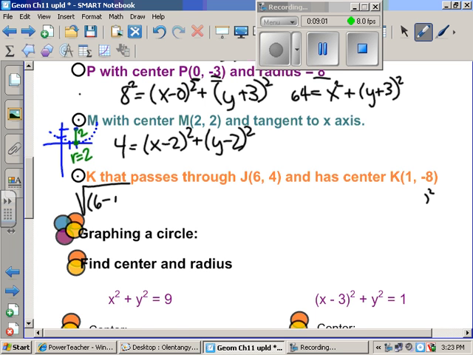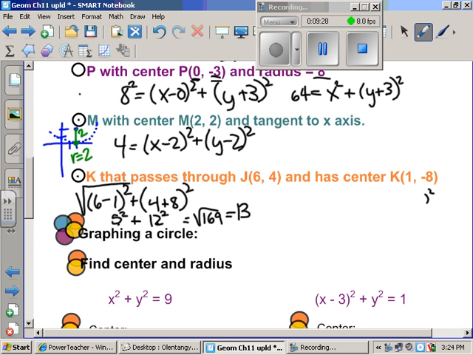That's (x2 minus x1) squared plus (y2 minus negative 8), so plus 8, squared. That's 5 squared plus 12 squared. 25 plus 144 is 169, and the square root of 169 is a perfect square, so that's 13.